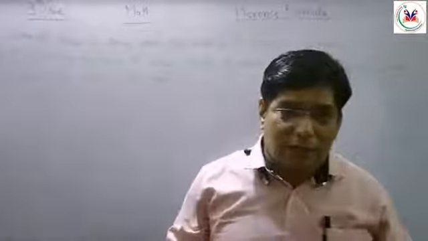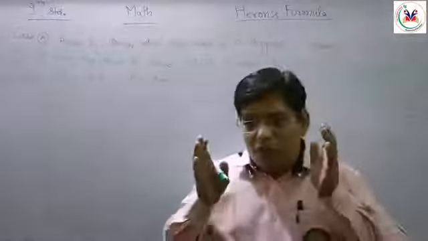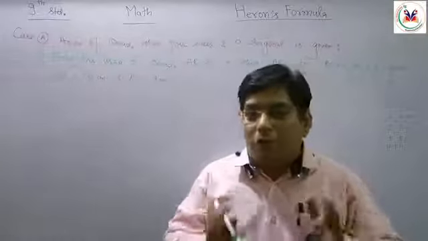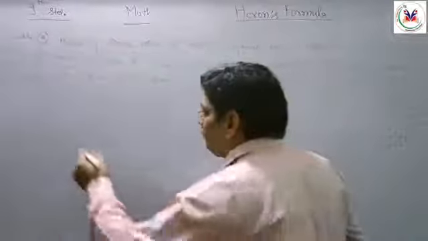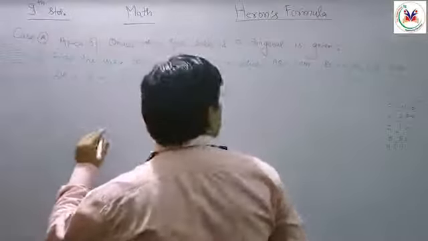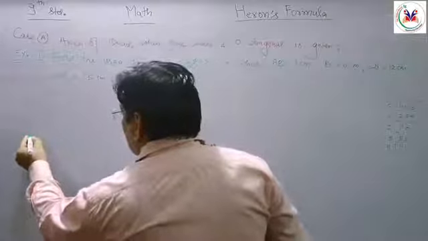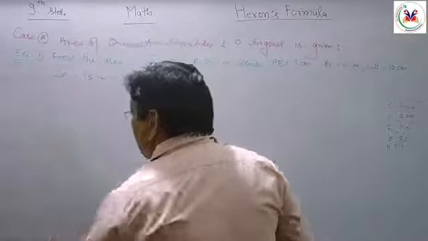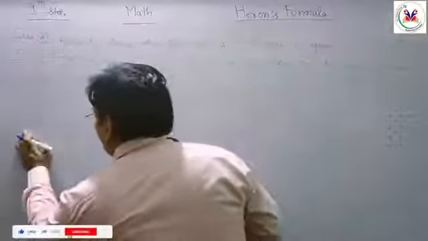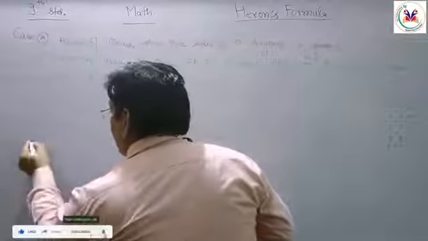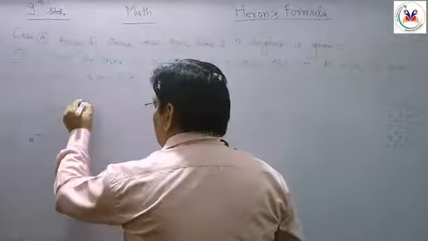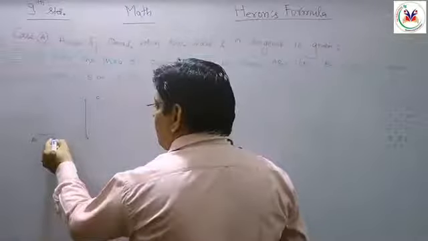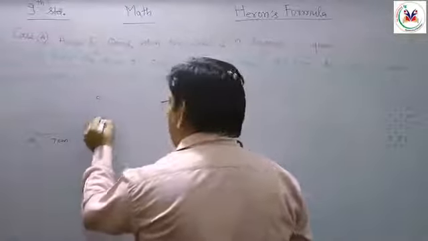Before starting to calculate the area of the quadrilateral, first of all we have to draw the rough figure of the quadrilateral. AB is 7 centimeter, BC is 6 centimeter.